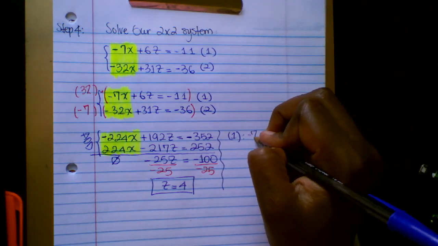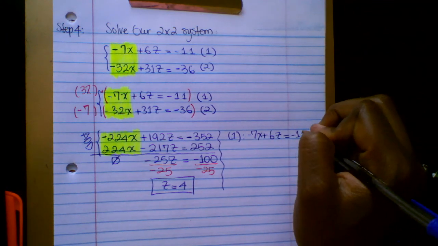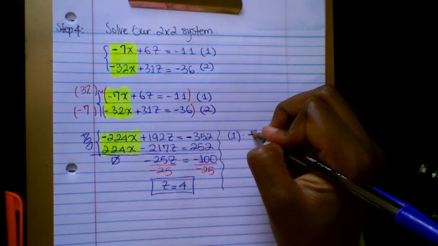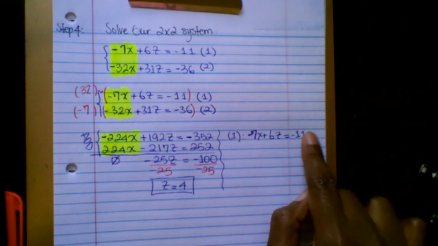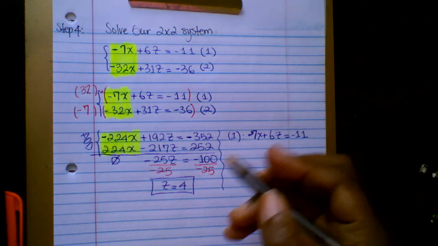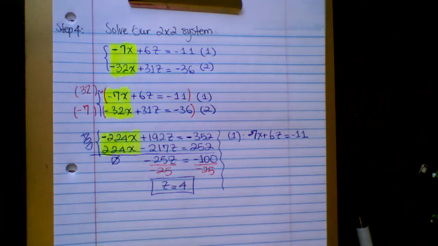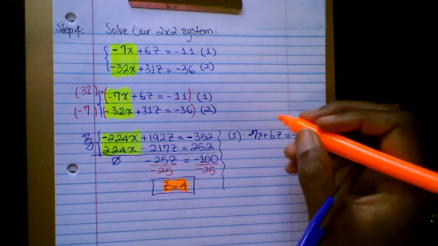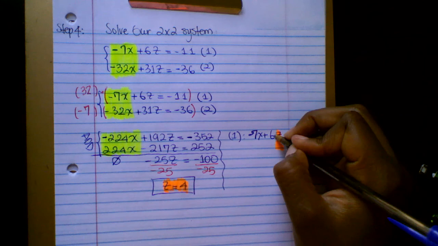The equation is negative 7x plus 6z equals negative 11. You could have chosen equation 2, but I chose equation 1 because it looks easier to solve for x. So what do I know about z? z is equal to positive 4, so wherever I see the z, I'm going to plug in the number 4.